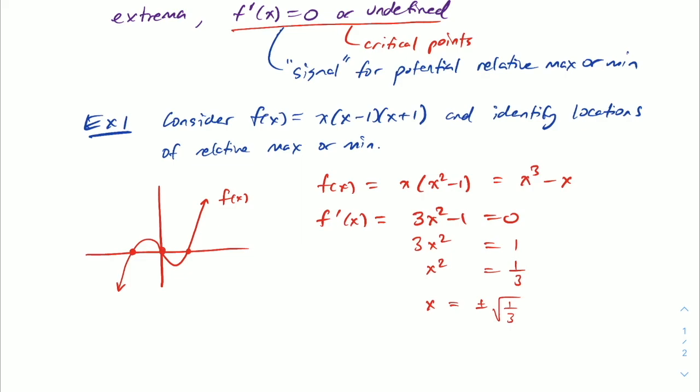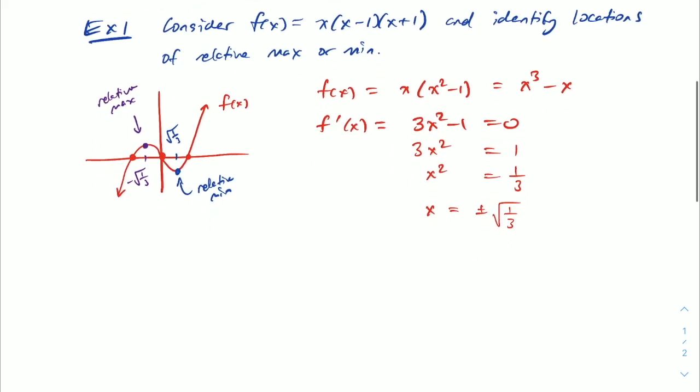So that negative square root of 1/3 value corresponds to our relative max, and the positive square root of 1/3 corresponds to our relative min.